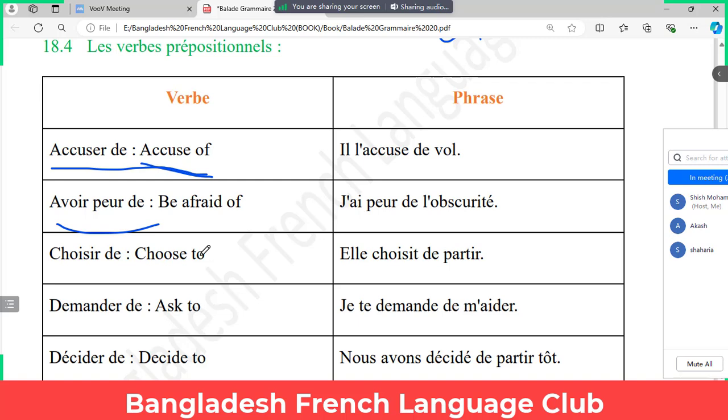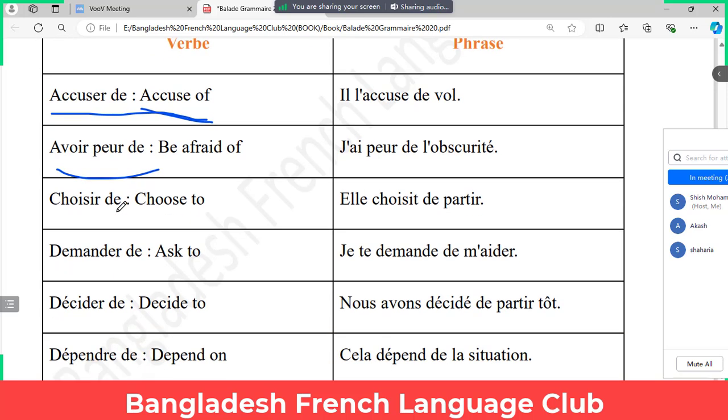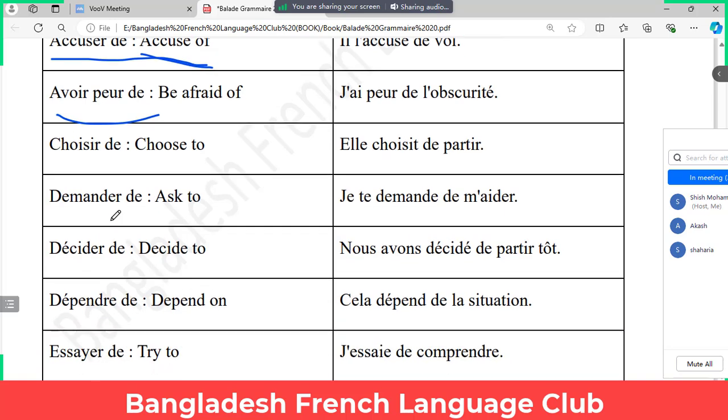So that is accuser de. Accuse of. Avoir peur de. Be afraid of. Choisir de. Then demander de. Ask to.